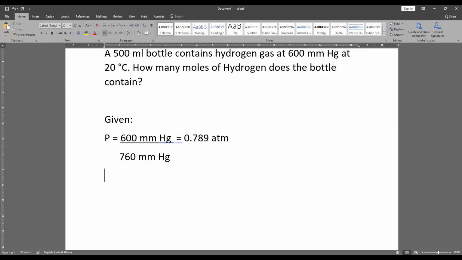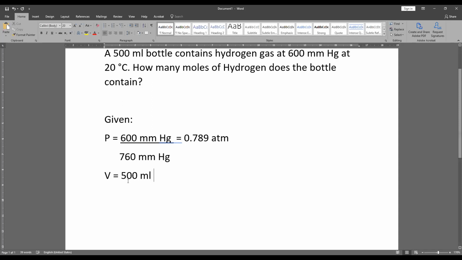Let's move now to the next. What is the next given there? It's the volume, right? What is the volume there? 500 ml. Okay. But we need to express it again in liters, right? Volume is expressed in liters according to the ideal gas law, correct?